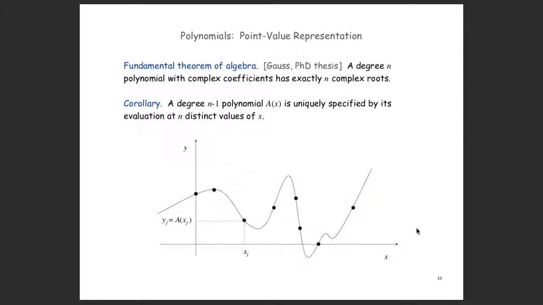So that's his PhD thesis. Basically, a degree n polynomial with complex coefficients has exactly n complex roots, right? You remember that stuff. A root is where y equals 0, right? And so a polynomial of degree n has n-ish roots.